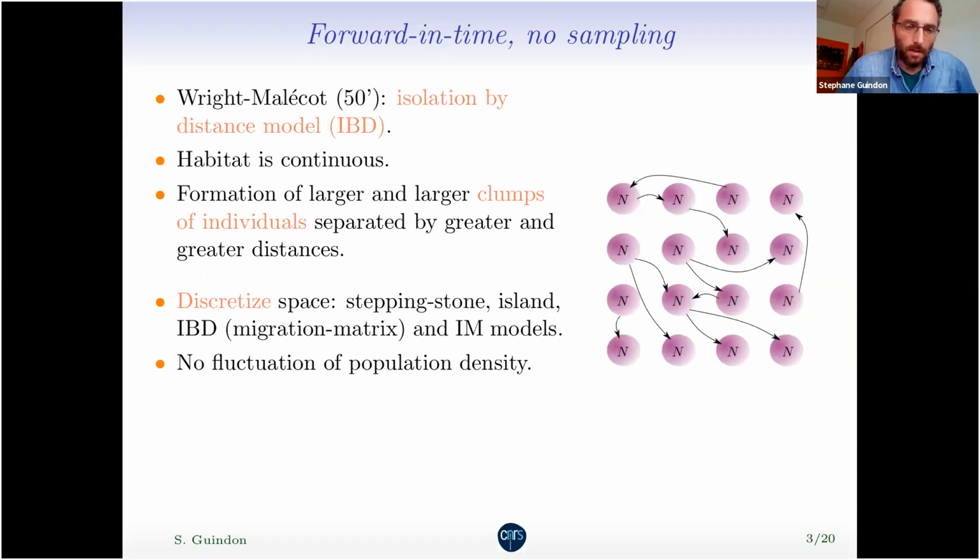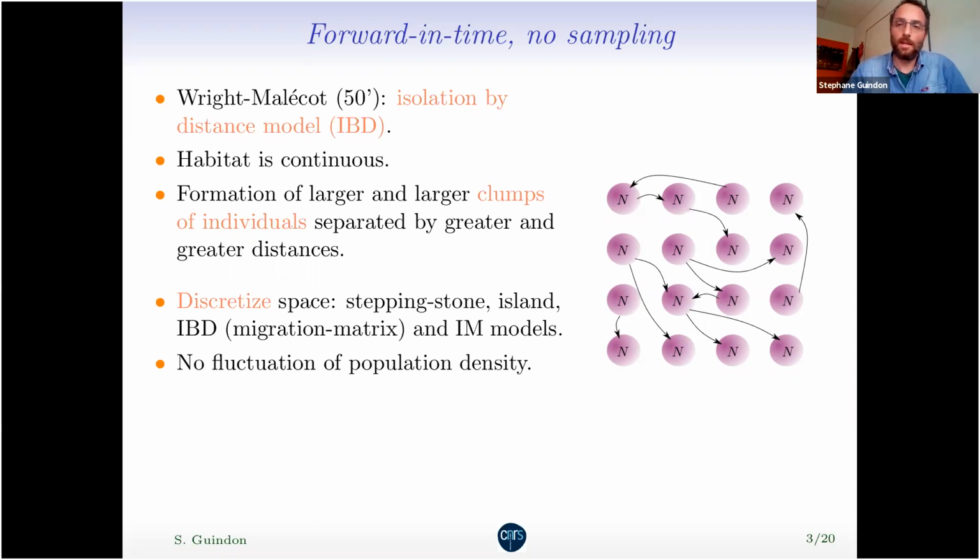So people then decided to discretize space in order to alleviate this clumping issue. And they came up with those migration matrix models, such as the stepping stone and the island model. For those models, the population density is very strongly regulated because it doesn't vary at all within each deme.